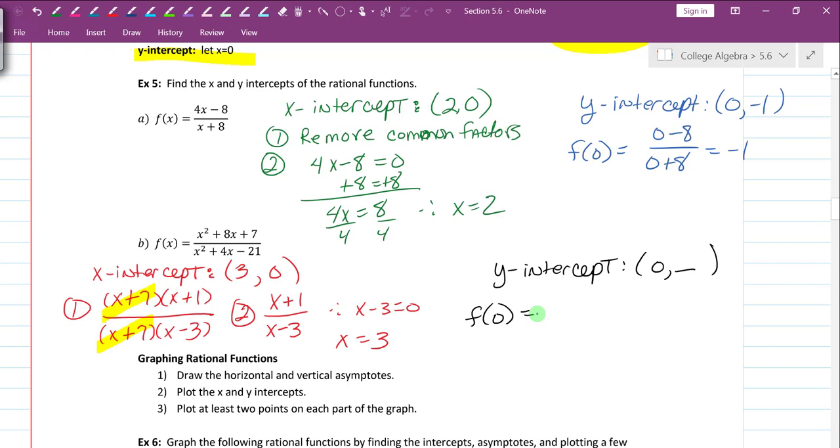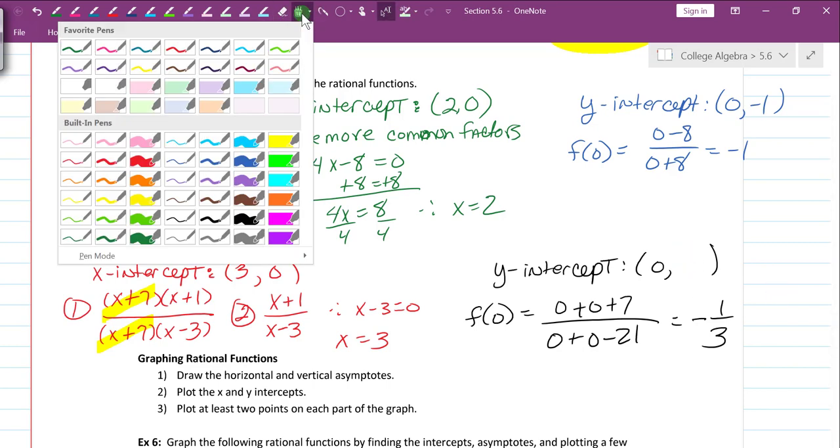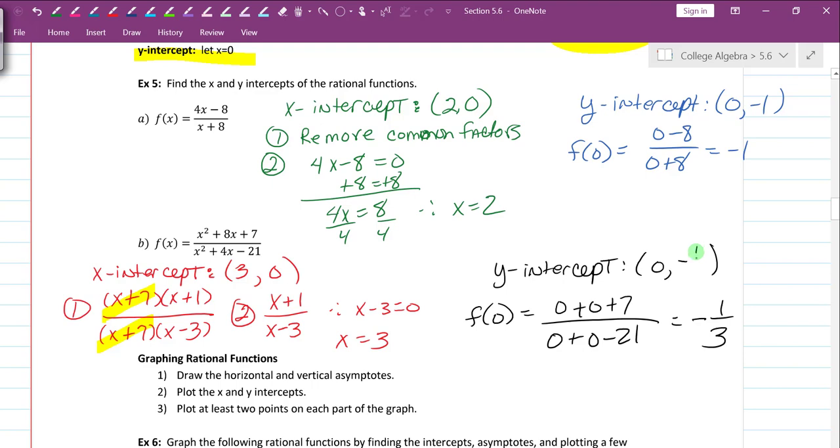So we're going to end up with 0 plus 0 plus 7 divided by 0 plus 0 minus 21, because 0 squared is 0, 0 times 8 is 0, 0 times 4 is 0, 0 squared is 0. So I end up with negative 1/3. And so my y-intercept is negative 1/3. Alrighty, now I need to be graphing my functions.